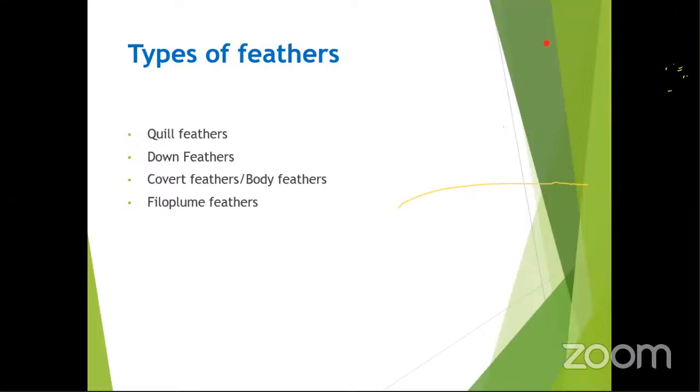So these are the types of feathers. They are 4. And last week, we looked at the general uses of feathers. We are not going to repeat them, but we are going to look at the purpose of these feathers one by one. Take, for example, the quill feathers.